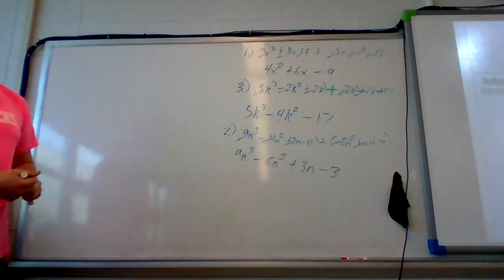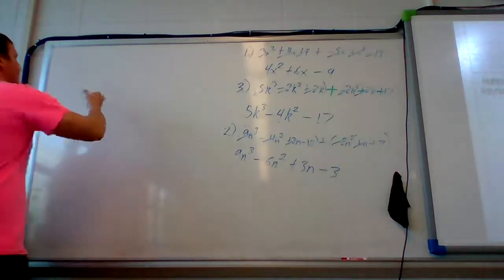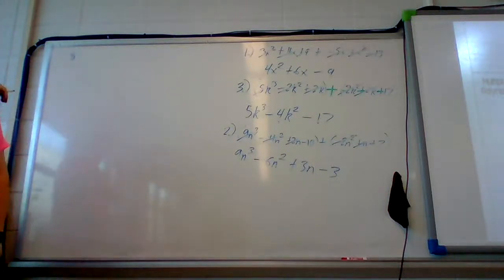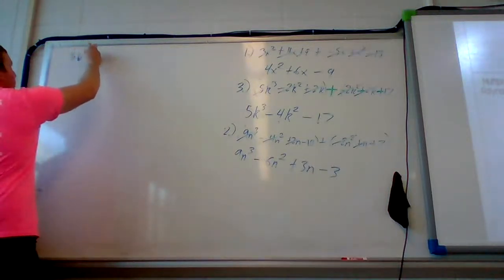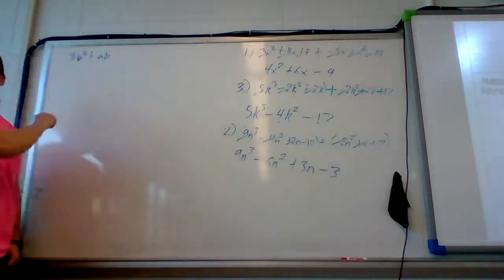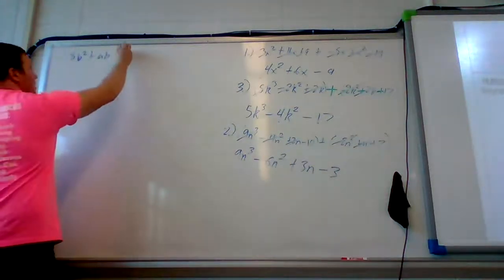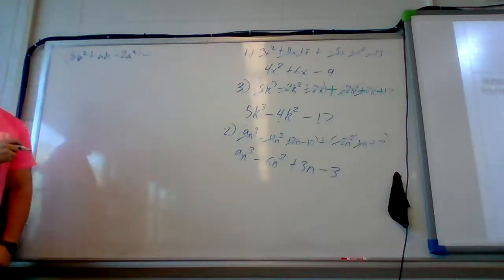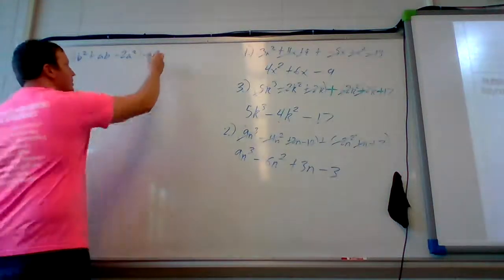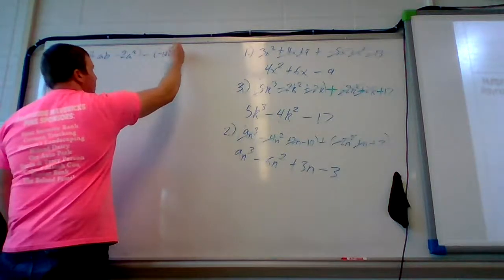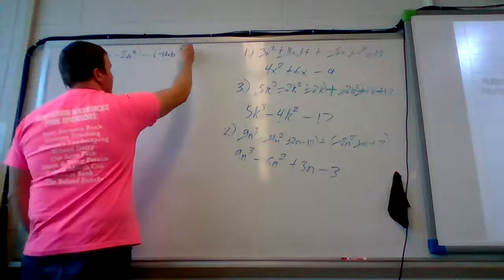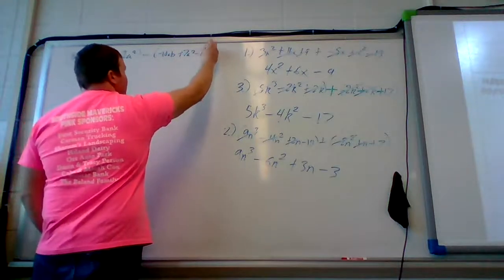So we're going to take 8b squared plus ab minus 2a squared, and we're subtracting from that the negative 10ab plus 7a squared minus b squared.